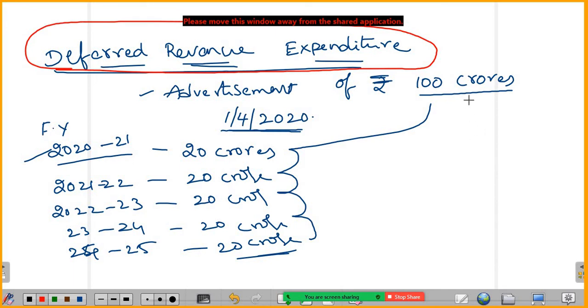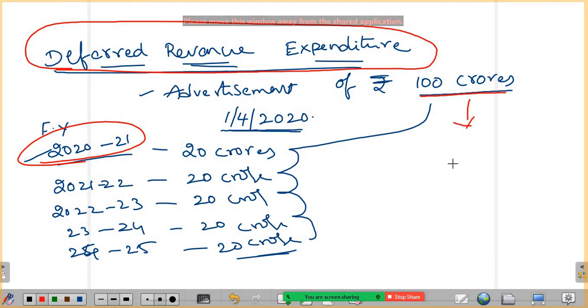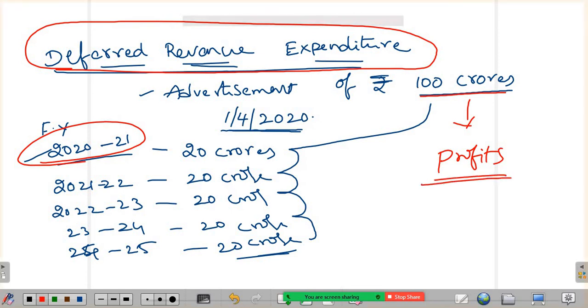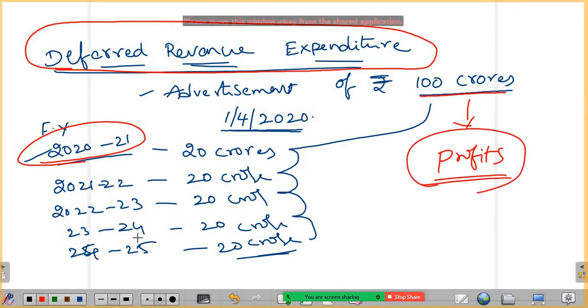If the business shows 100 crores in a single year as expenditure, definitely this will make an impact on the profits of the business. As we know, if expenses are higher, then the profits will be lower. If expenses are lower, then the profits will be higher.